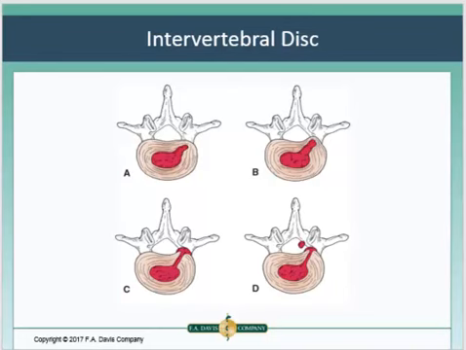In C, there is disc material that is starting to move through the disc, but it is still in contact with the disc. So this is an extrusion. In D there's sequestration, so the nuclear material has moved beyond the annulus, and it is actually a separate piece of material.